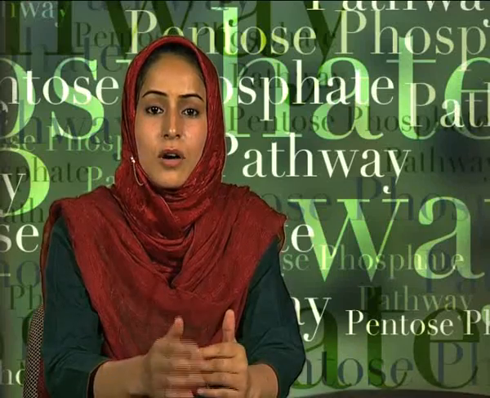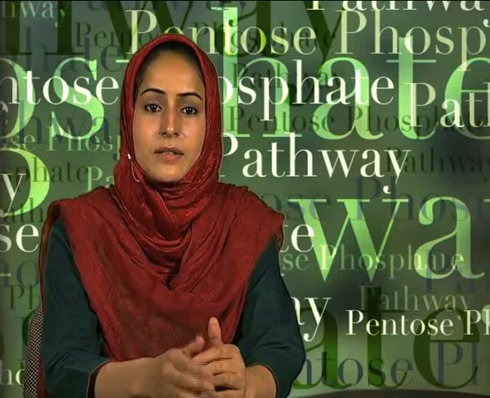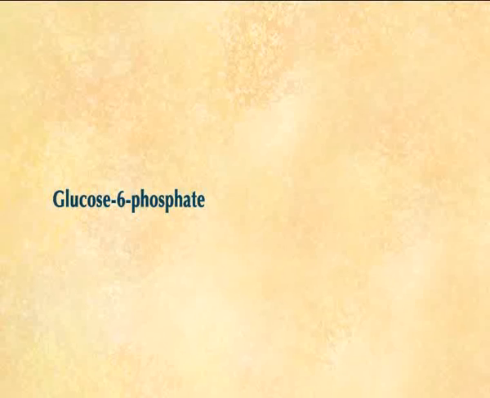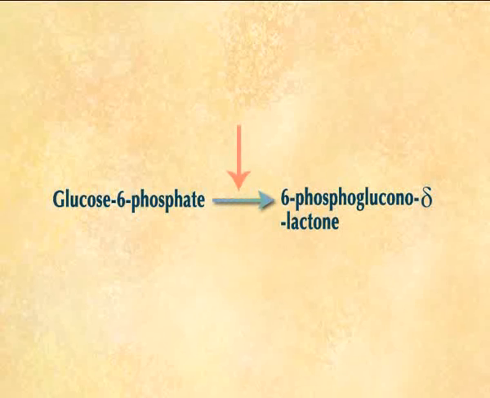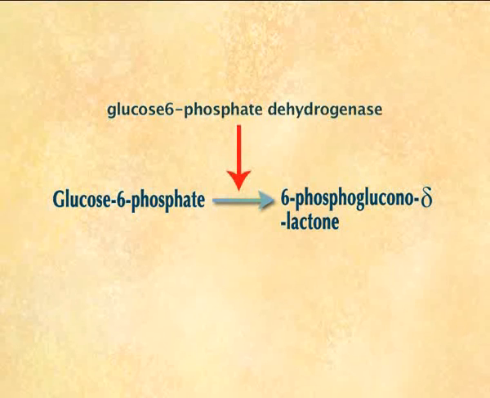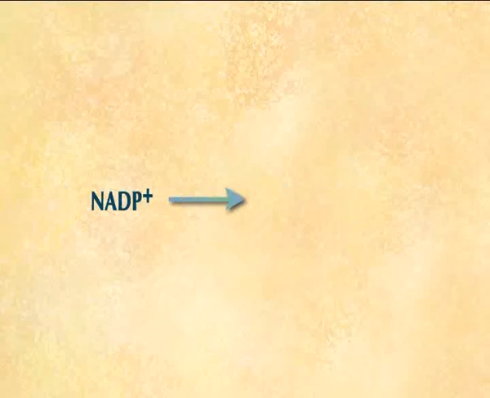The reactions of the oxidative phase can be summarized as follows. Glucose 6-phosphate gets converted to 6-phosphoglucono-delta-lactone. The enzyme involved in this reaction is glucose 6-phosphate dehydrogenase. In this reaction, NADP gets converted to NADPH and H+.